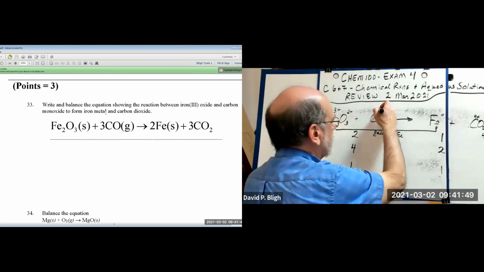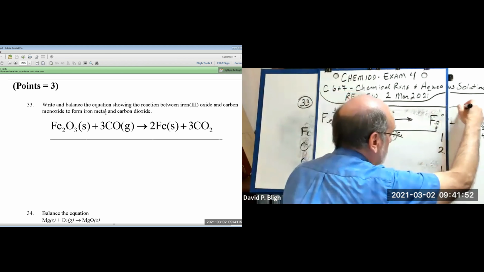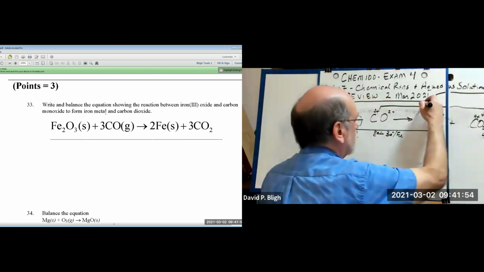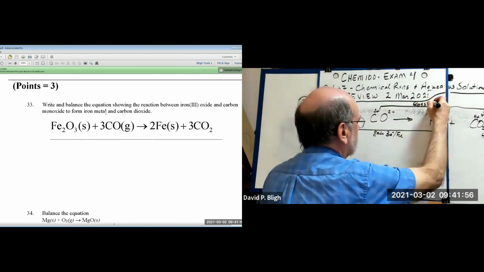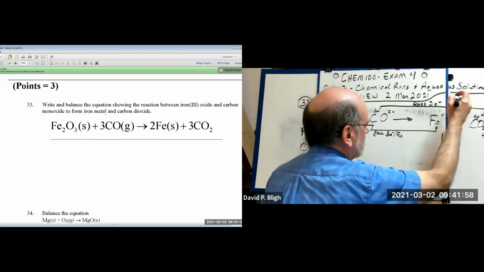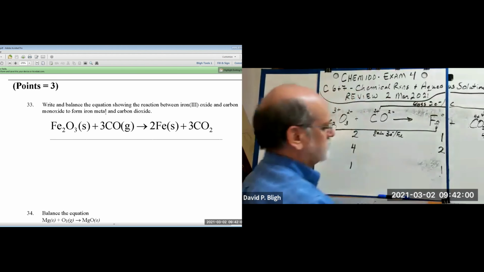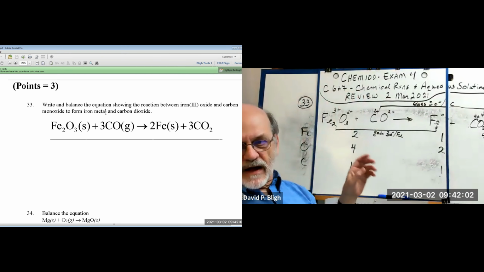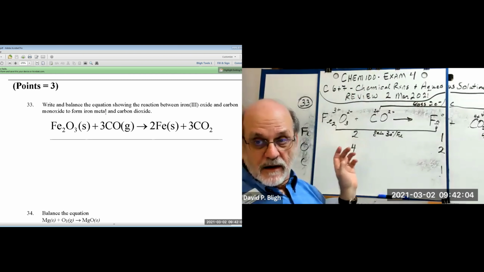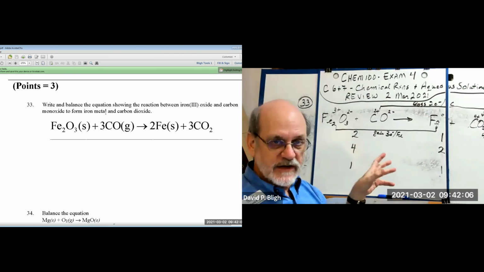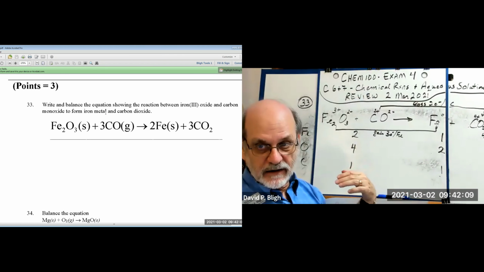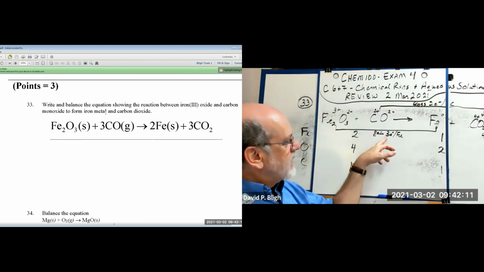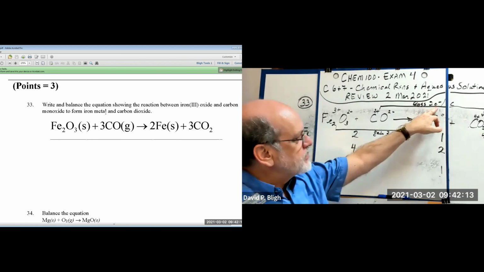And here we've lost 2 electrons per carbon. The thing about oxidation reduction reactions is the number of electrons that are lost has to equal the number that are gained. In this case, we've got 3 versus 2.